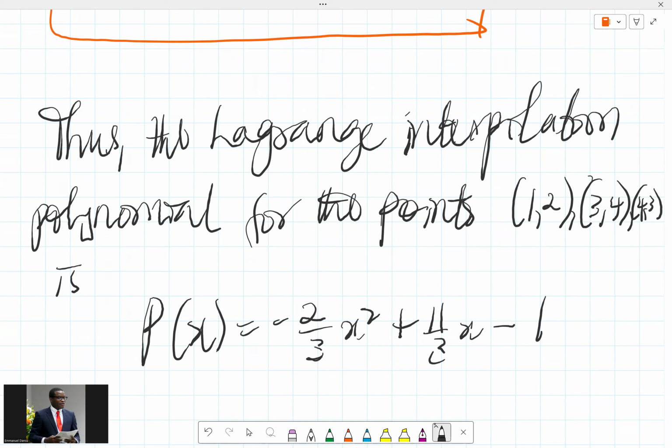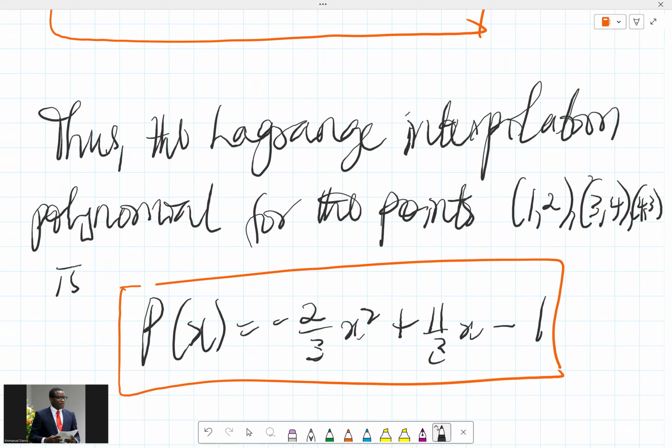Okay, so that's the result we get in this situation. So that's the Lagrange interpolation polynomial for the given points.